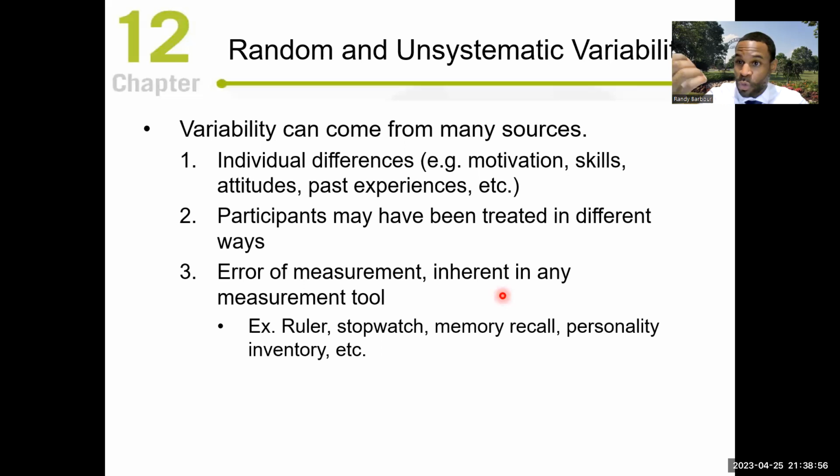Somebody has a quick trigger, somebody has a late trigger, and somebody has hit it right on the money. So those stopwatches, just based on the person who's holding them, may have some error. Memory recall, personality inventory, all those things have error inherently associated with those tools. Okay, so that would be the random and the unsystematic error.